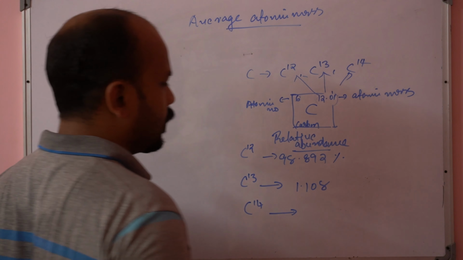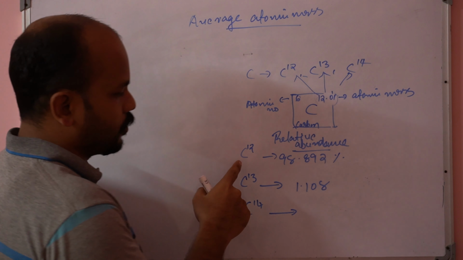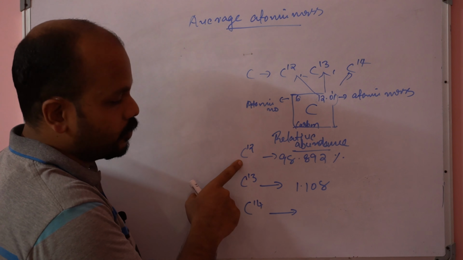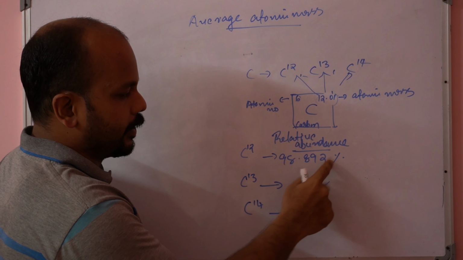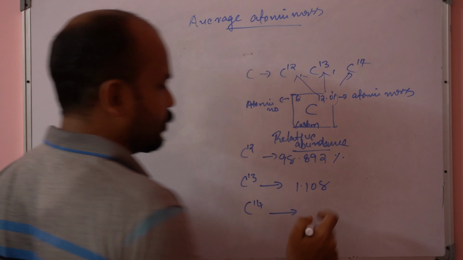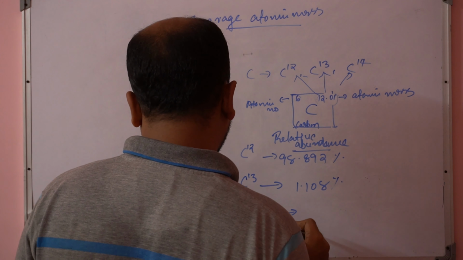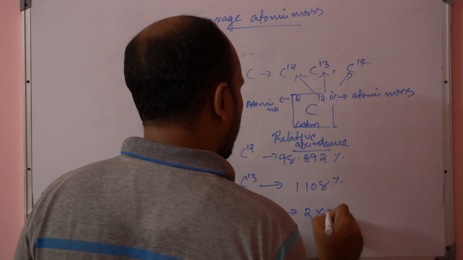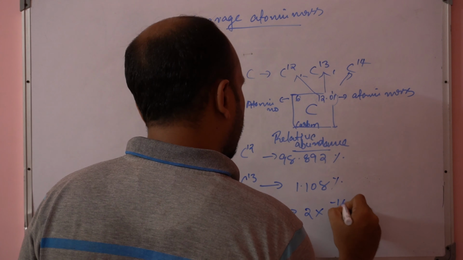So the most common isotope of carbon is C12, present at around 98.892 percent. C13 is 1.108 percent, and C14 is 2 into 10 raised to minus 10 percent.